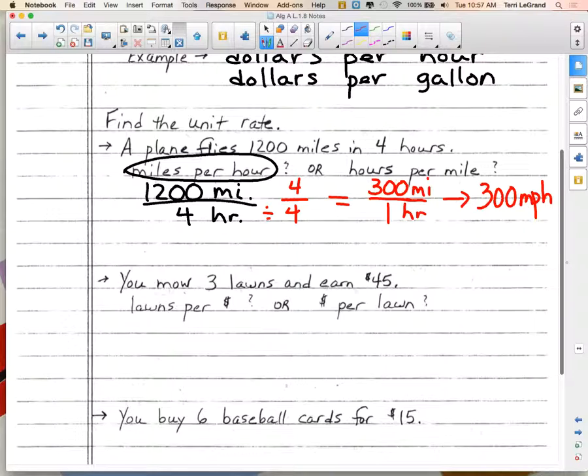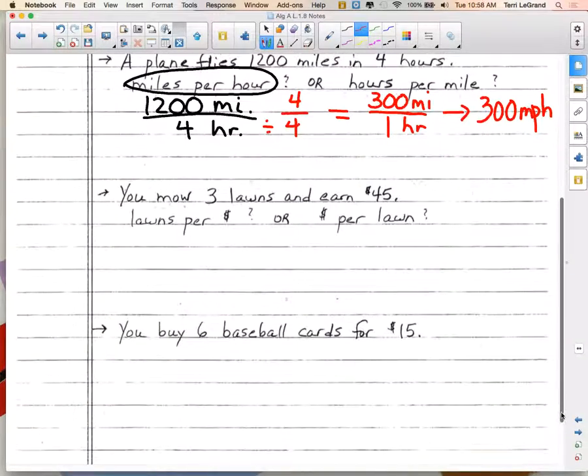MPH, isn't that typically how we would see miles per hour written? So this plane is traveling at a rate of 300 miles per hour. Okay. So, sorry to make that confusing. Here's what we're going to do. We're going to divide both the top and the bottom by whatever the number is downstairs, because we need a 1 downstairs, okay? So we're always just going to divide by that.